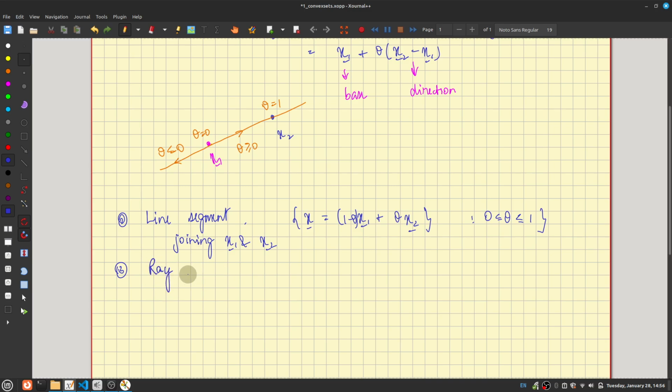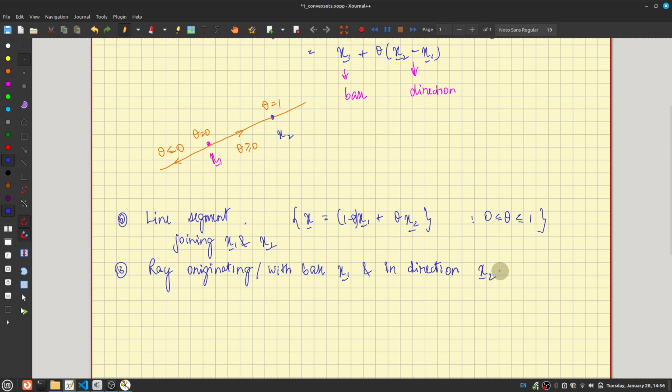Similarly, the ray originating or with base x1 and in the direction x2 minus x1.